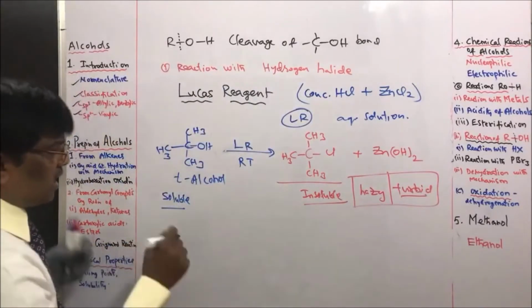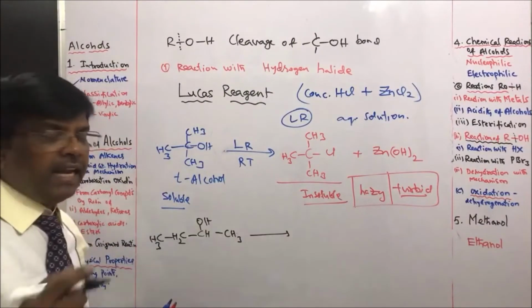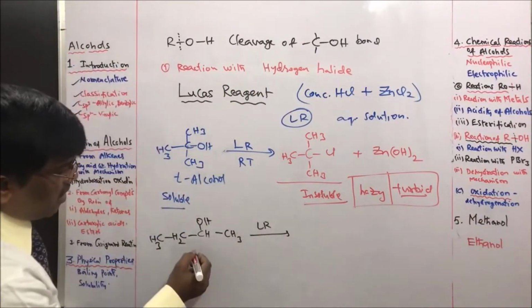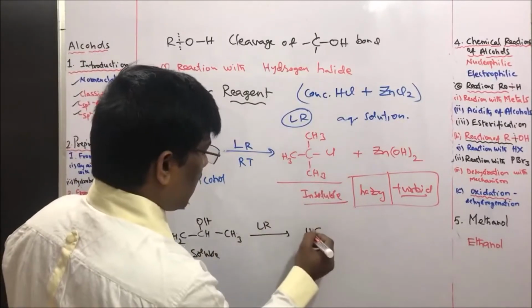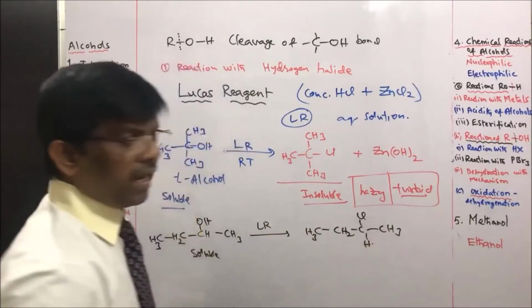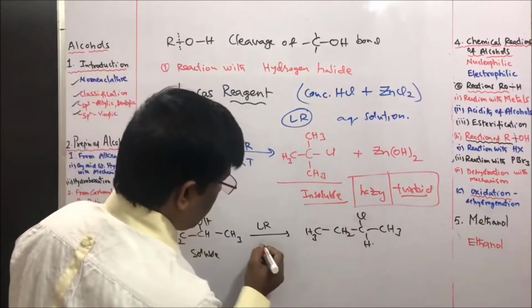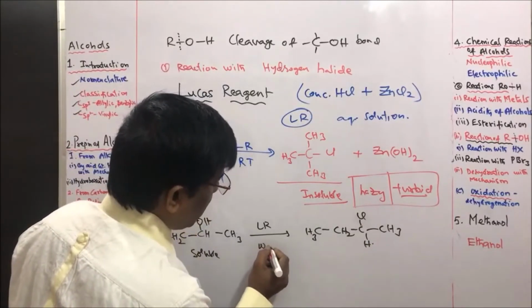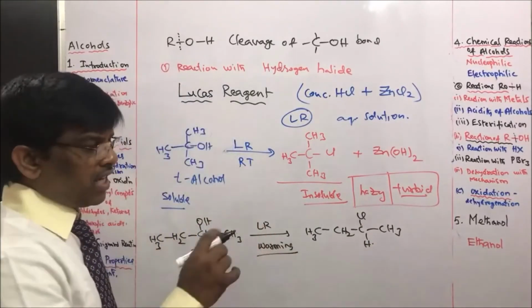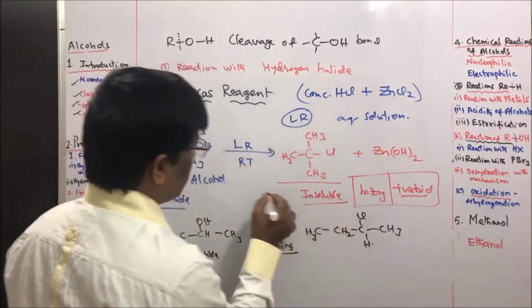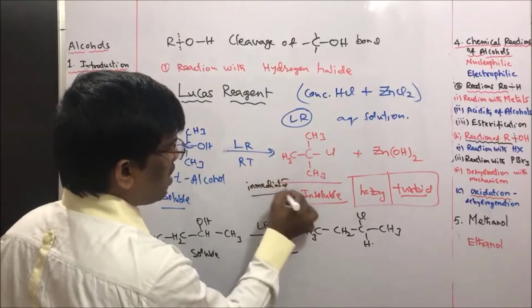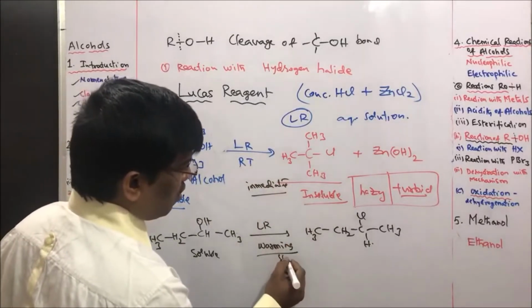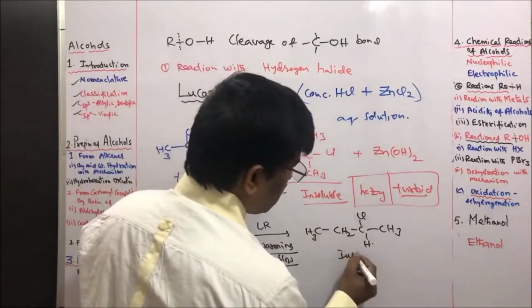When it comes to secondary alcohols, these are soluble. They also make alkyl halides, but it is slow and requires warming. So tertiary is immediate, secondary is slow, and the halide is insoluble.